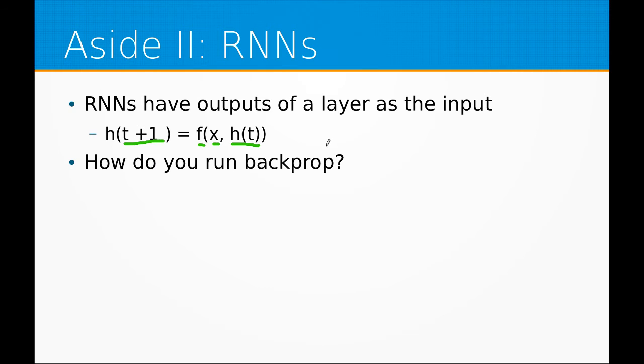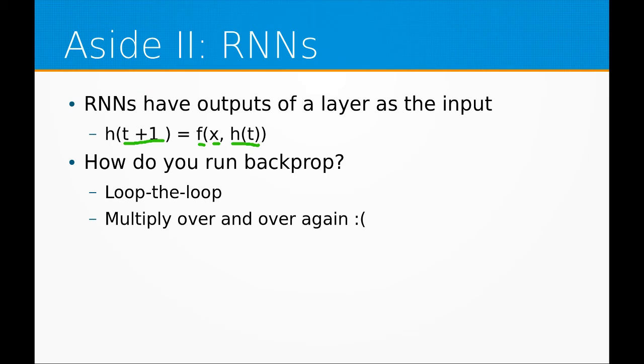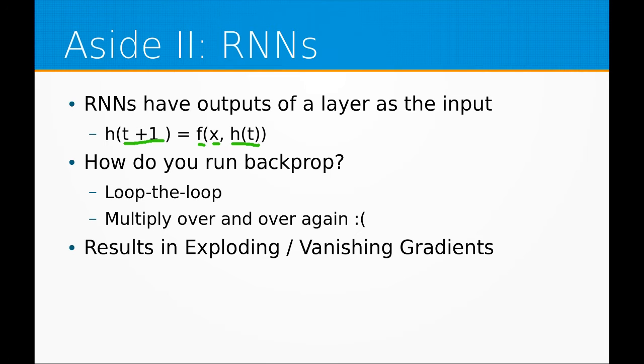So the problem is, how do you run backpropagation on this? If you represented this as a computational graph, you clearly see that there's a loop. So you just loop and loop, and you keep computing gradients, and you keep multiplying small numbers or large numbers, and this results in something called exploding gradients, wherein it just keeps going so much that a floating point number cannot hold the number, it just overflows.